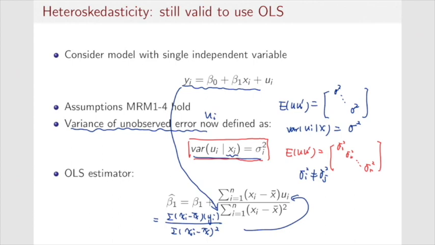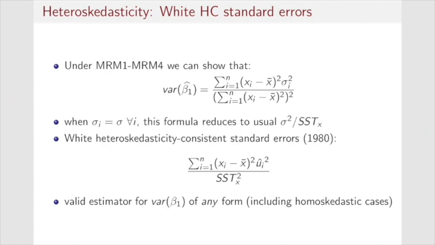Knowing the variance of the error term u_i, we can also calculate the variance of beta 1 hat. It is equal to the summation of (x_i minus x bar) square sigma_i square, divided by the summation of (x_i minus x bar) square, squared. So the population variance for beta 1 hat under heteroscedasticity is this term.